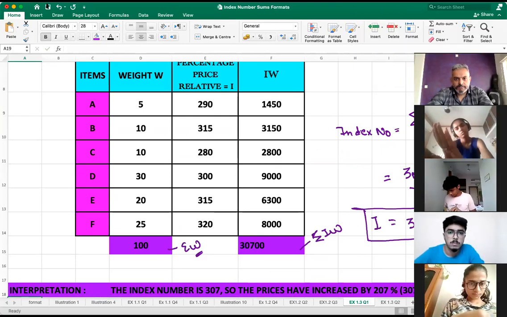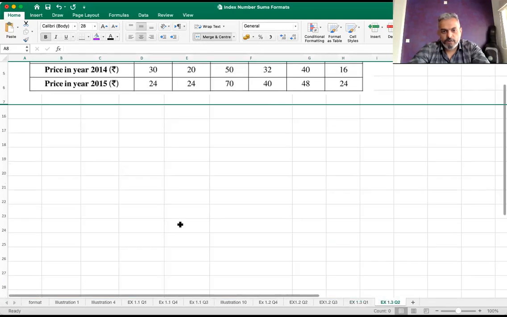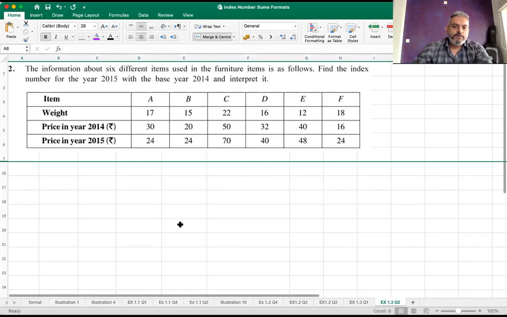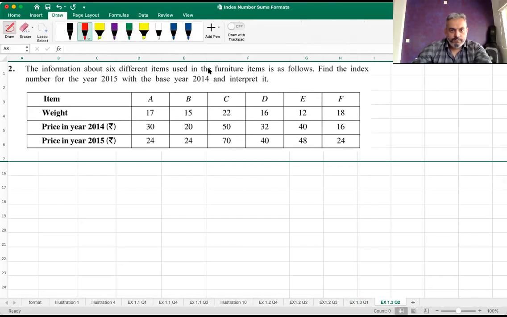Is everyone done? Now, next question. Question number 2. Exercise 1.3, question number 2. The information about 6 different items used in furniture item is as follows.